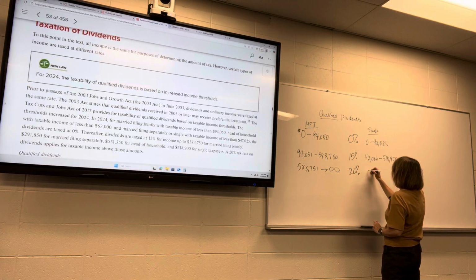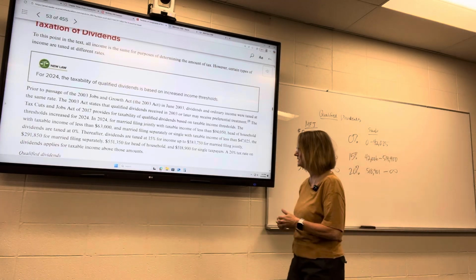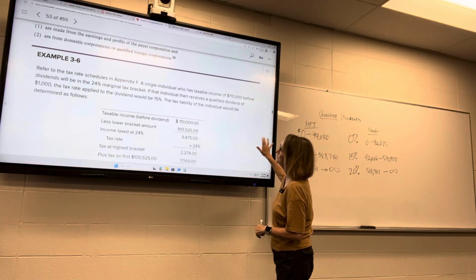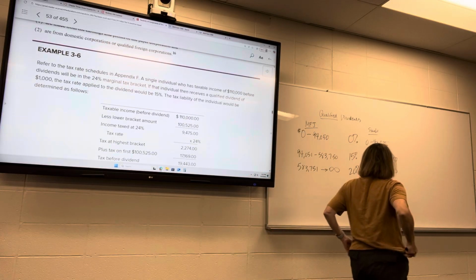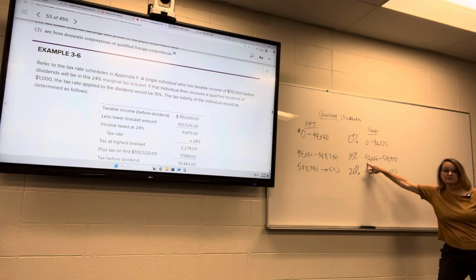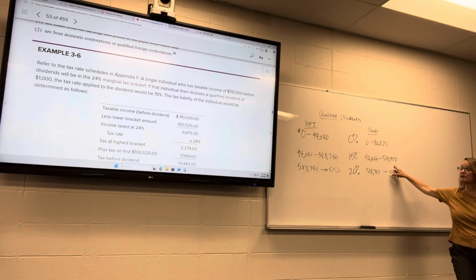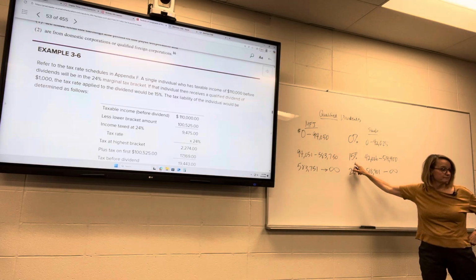That's a big range. And then 518,901 to infinity is at 20%. So there's the single rates there. All right, so we've got a single individual. Taxable income is 110,000. Well, 110,000 is between 42,026 and 518,900. So any qualified dividends that they have are going to be taxed at the 15% tax rate.